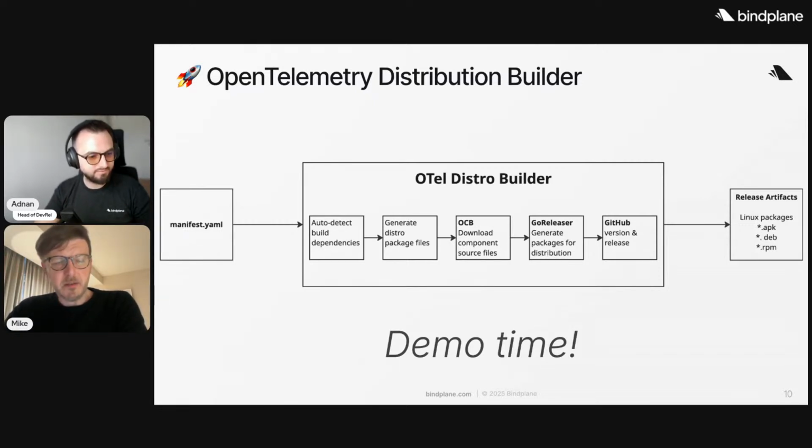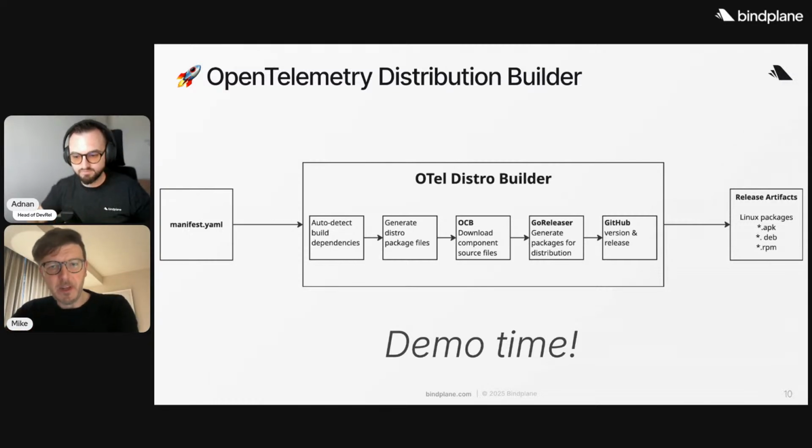We'll package a supervisor. So which supervisor version is compatible with this? We generate the distribution package files, so all the files that you need for the Linux packages, making sure that they're set correctly with what's unique to your distribution.